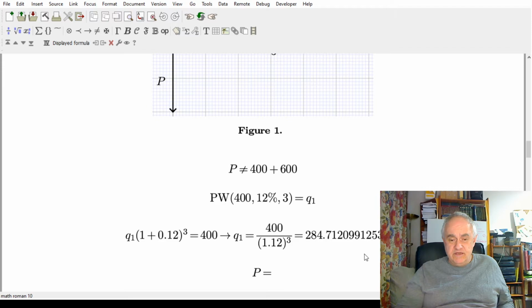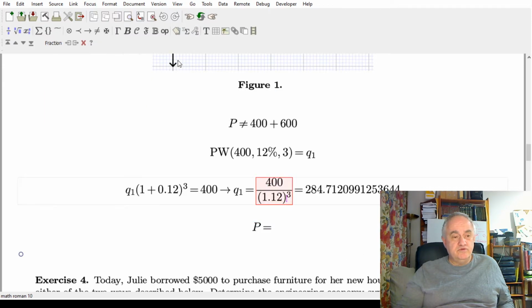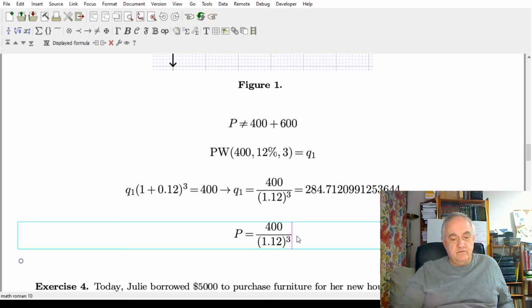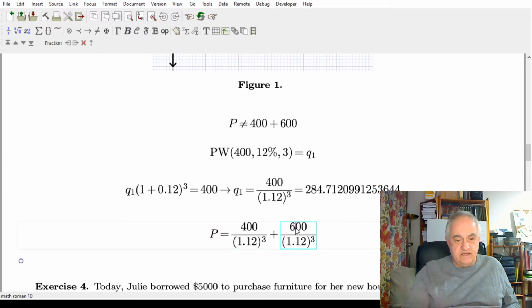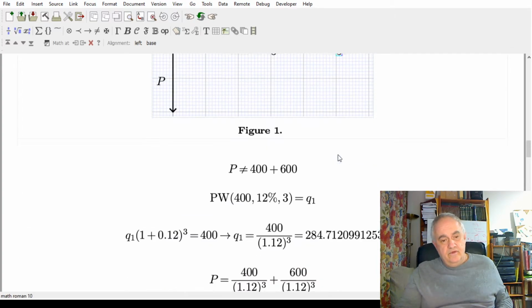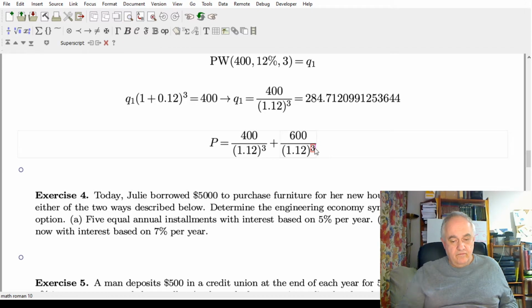Using the same logic, we will reproduce the process for both payments. So 400 plus, I will just copy, okay, this is 600, and 600 has to be discounted from t equal 5.